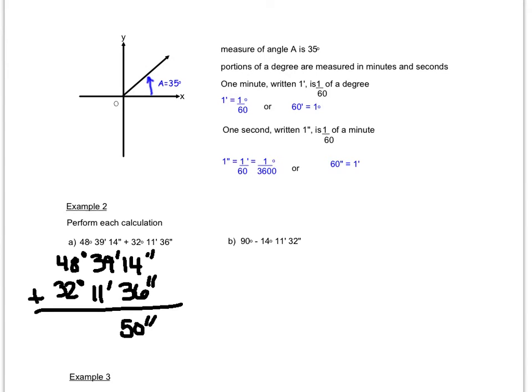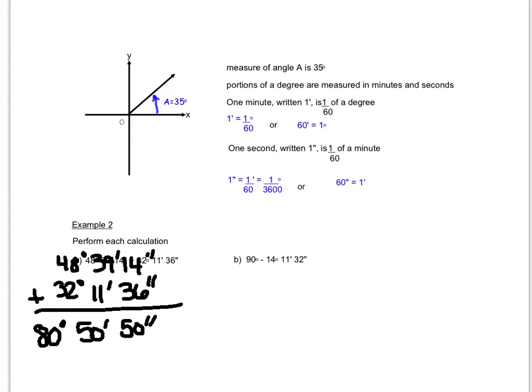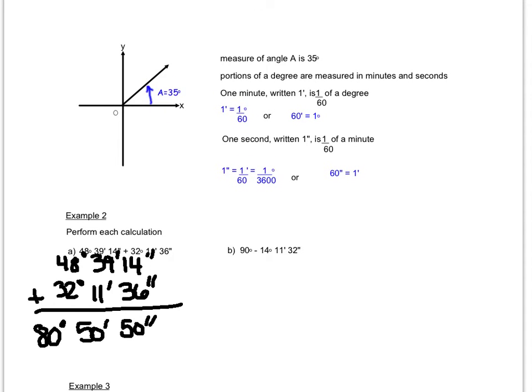And 50 is less than 60, so we don't have to worry about carrying anything over. 39 plus 11 is also 50, so we have 50 minutes. And then 48 plus 32 is 80 degrees. So we have 80 degrees, 50 minutes, and 50 seconds.